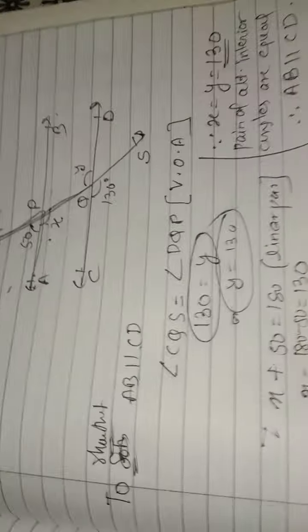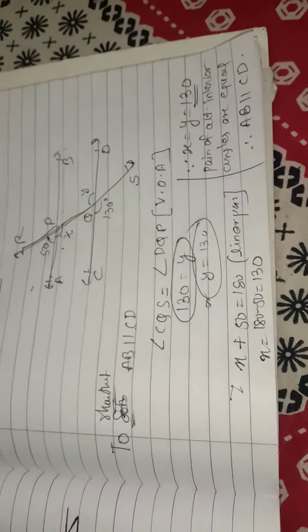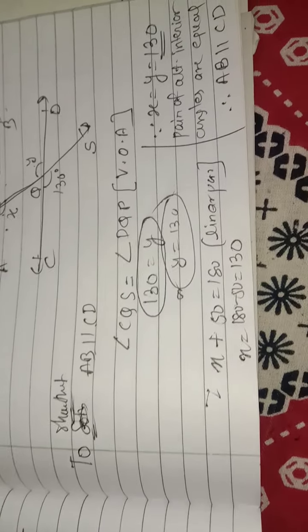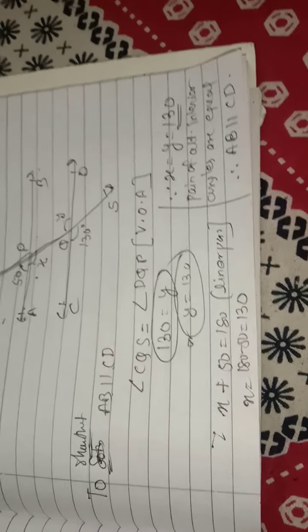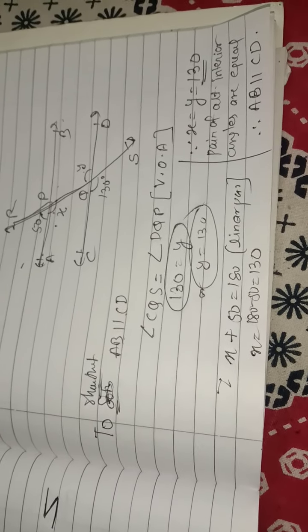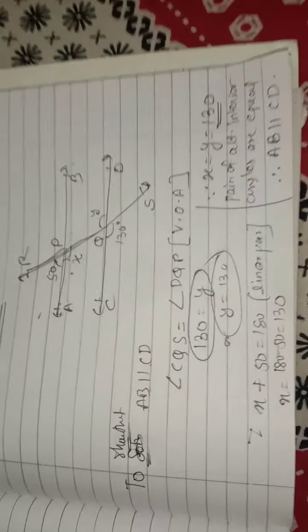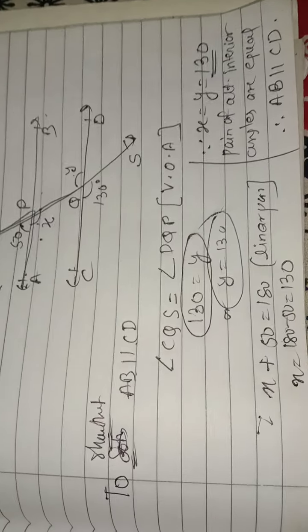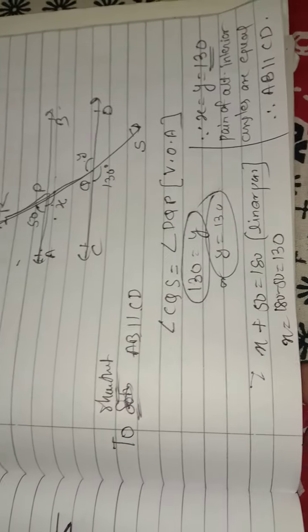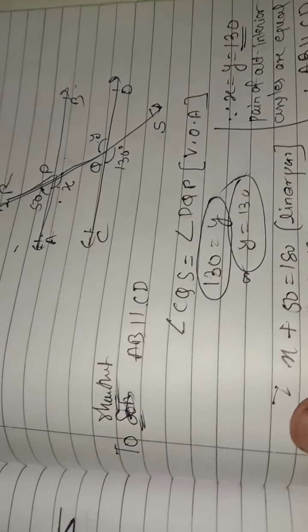So in this way we can prove the question. You just see the solution. You can do it by any other method also. We need the correct answer, that's all. Clear? So let's move to the next question then. We'll use all the criteria of alternate angle, vertically opposite angle, alternate interior angles, everything.